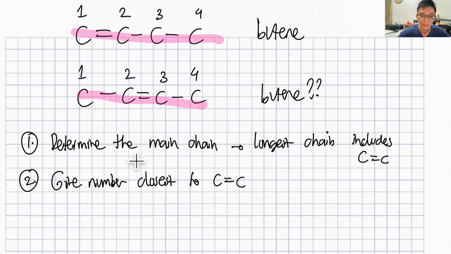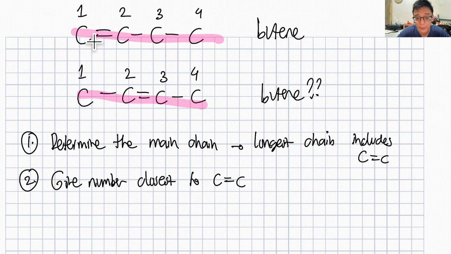Now, because in the first drawing the double bond starts from carbon number 1, we call it specifically but-1-ene. So instead of just butene, we call it but-1-ene. For the second drawing, because the carbon-carbon double bond starts from carbon number 2, we call it but-2-ene. So here we have but-1-ene and but-2-ene.